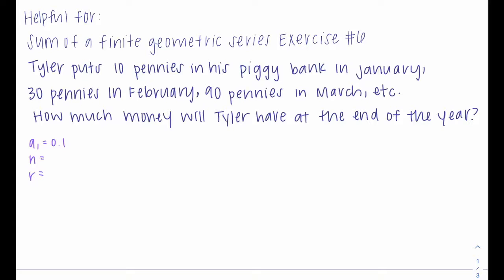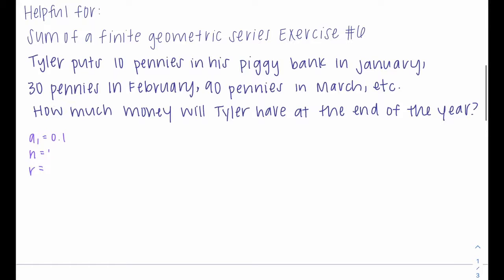You could also write this as 10 and divide out your answer by 100 to figure out dollars at the end, but I think it's easier to just do 0.1 for 10 pennies, which is 0.1 of a dollar, 10%.